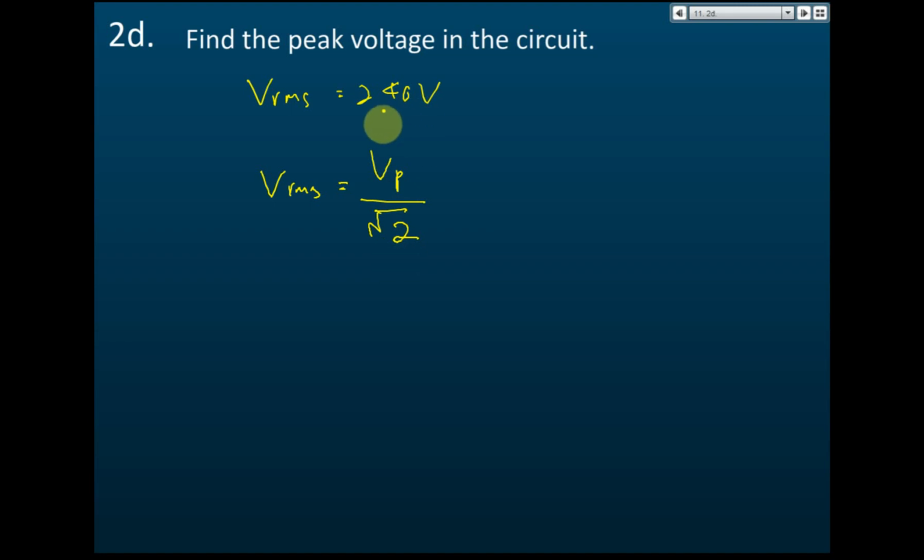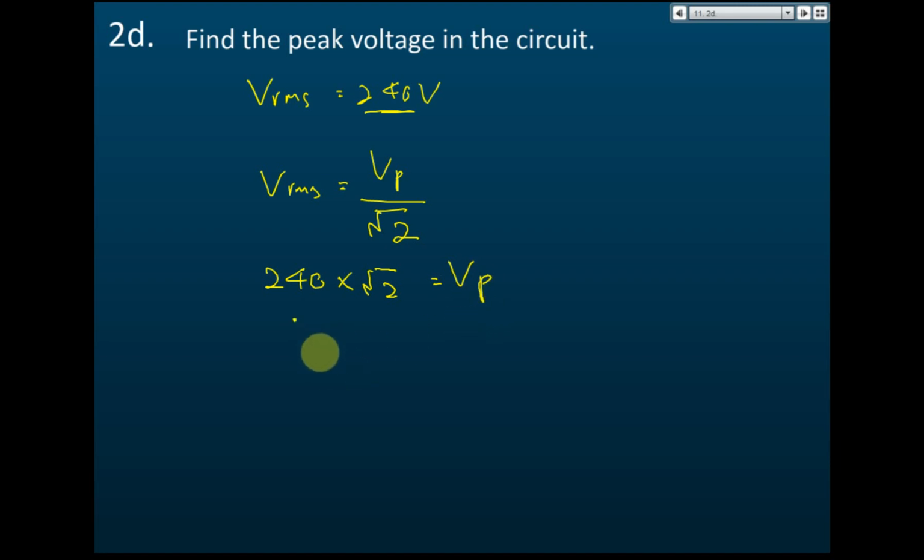Now in this case, the Vrms is 240 volts. This square root of 2, we multiply to the left hand side. So then it will become 240 multiplied by the square root of 2 equals Vp, the peak voltage.